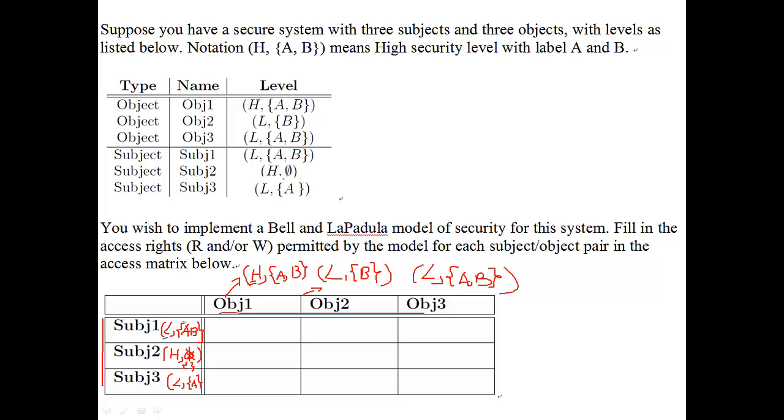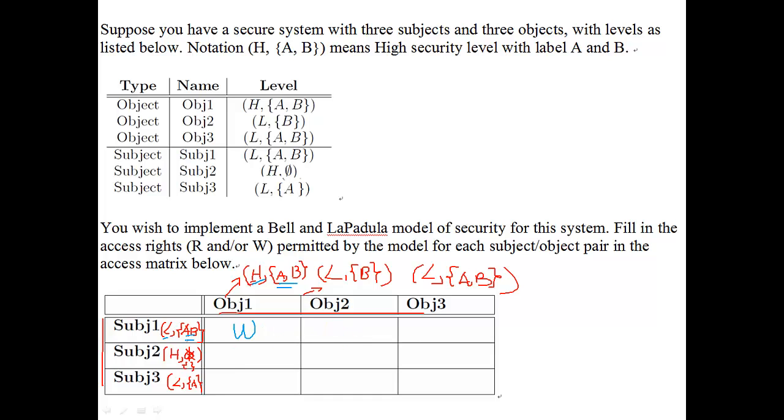See here, this is L, this is H. But their categories are the same, A and B. So we just need to compare the L and H. Based on the policy in the BLP model, no read up, no write down. So subject 1 cannot read object 1, but it can write to object 1.